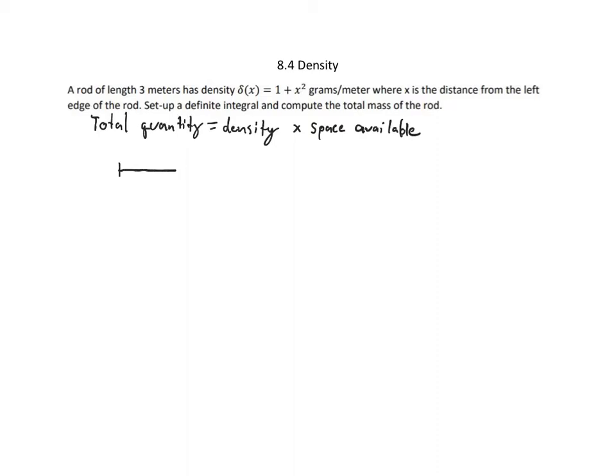And so this one's actually a fairly straightforward example. So if you had this 3-meter rod, the mass at some point, let's call that delta x, the mass at that space would simply be the density at that space. Well, the density at that space is however far it is from the left, or 1 plus x squared.